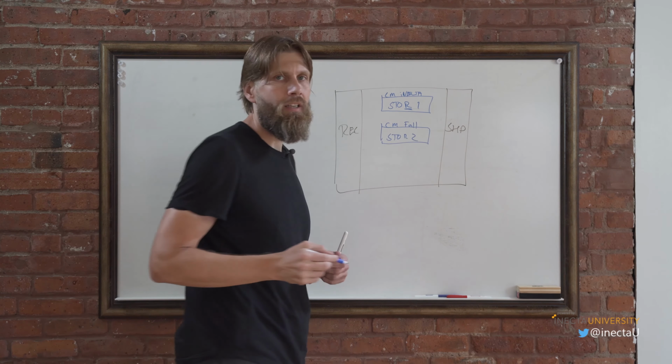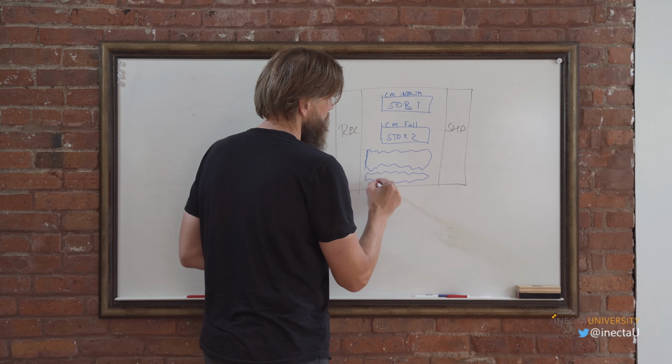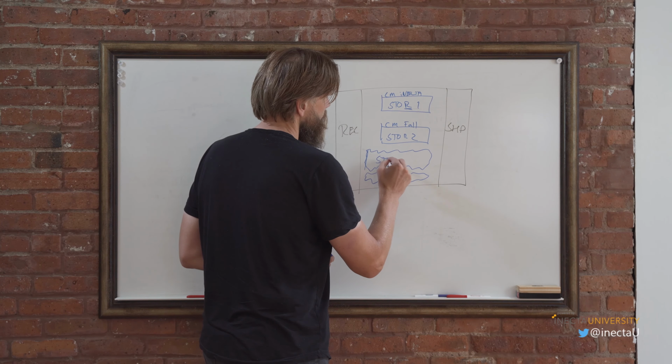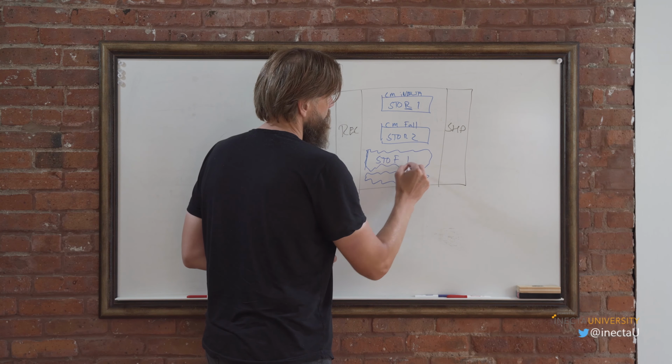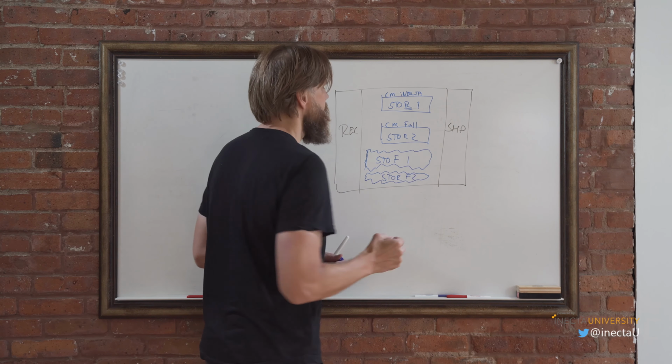Since we're getting into fall, we have the fall coffee mugs. And then finally over here, we have this just miscellaneous area. So I'm going to put it like this, which is just the floor. And we're going to identify that into 2 areas, the storage floor 1 and storage floor 2.